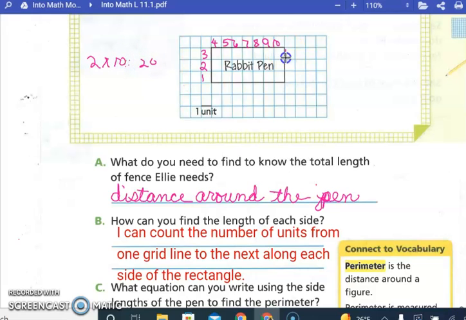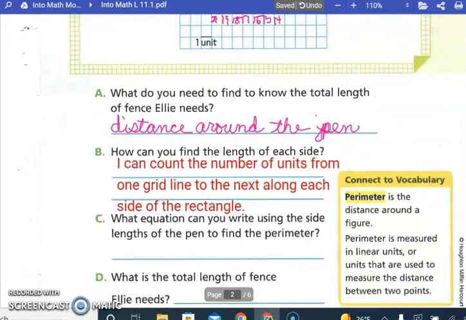We can continue though. 11, 12, 13, 14, 15, sorry, that's messy. 16, 17, 18, 19, and 20. Okay, so now we've got to write an equation for that.